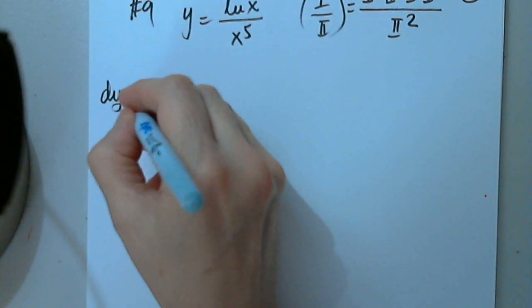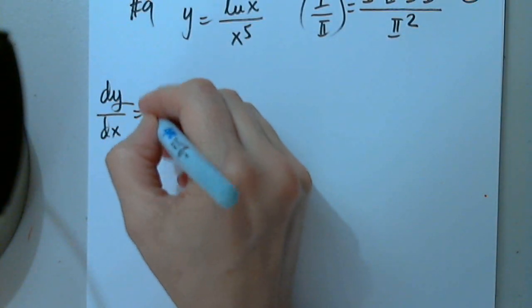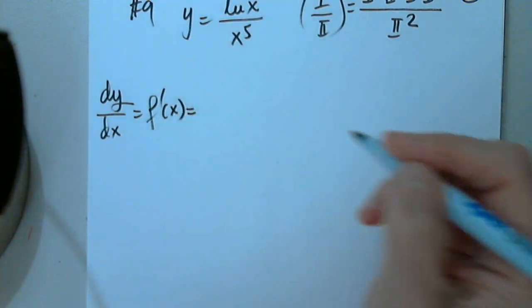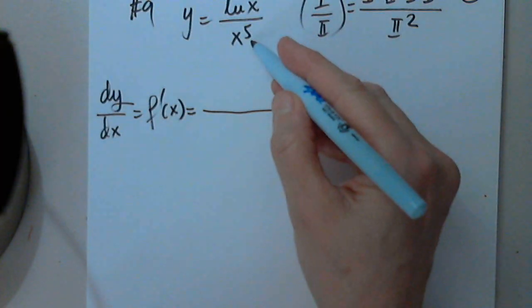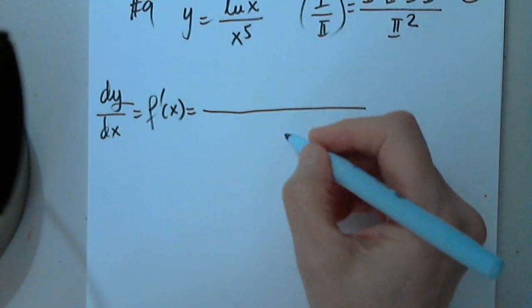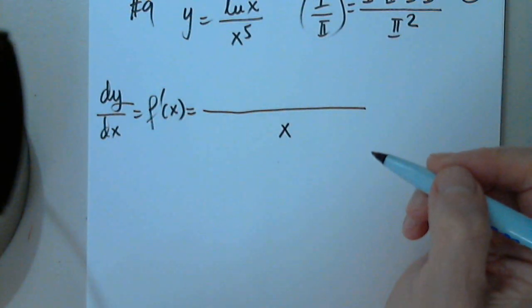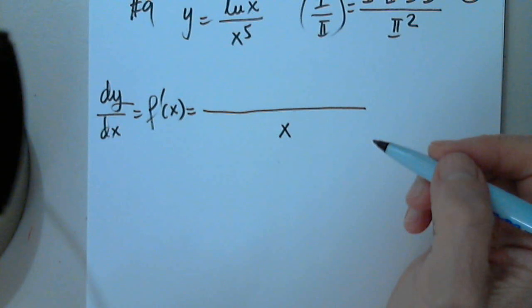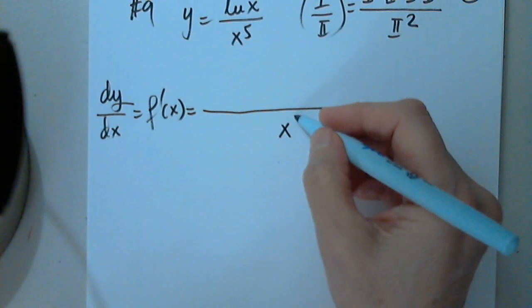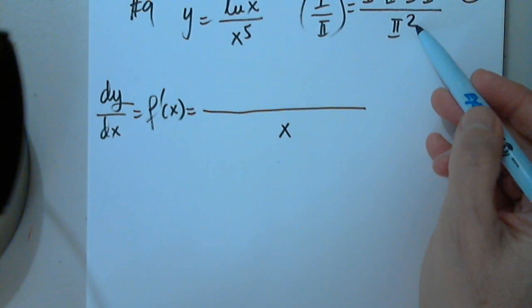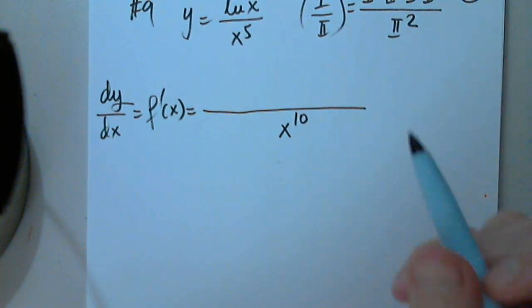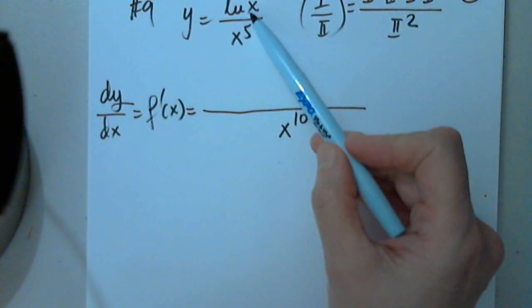I either write dy over dx or f prime of x. They mean the same thing. I immediately square the denominator. When I square this, what do I get? X to which power? X to the 10th. That's it. Good.